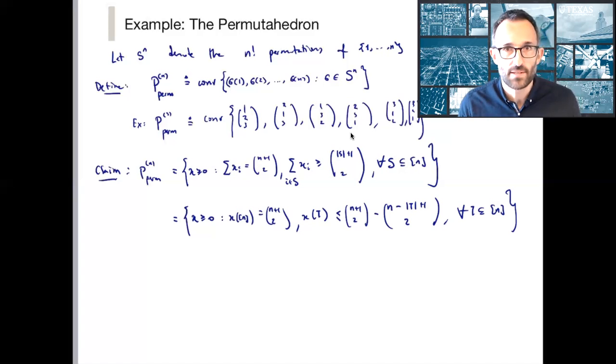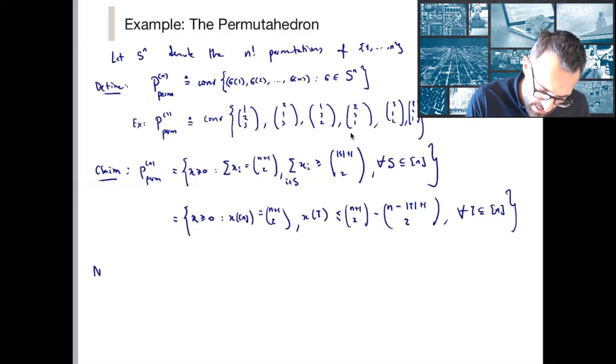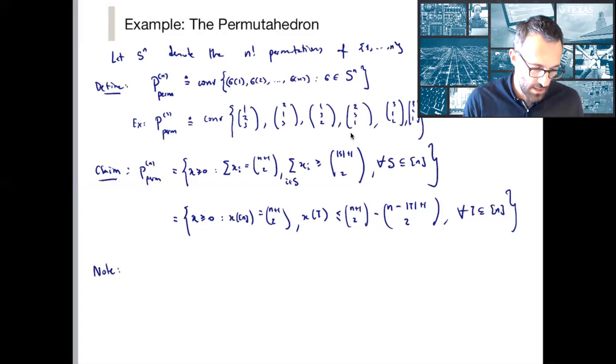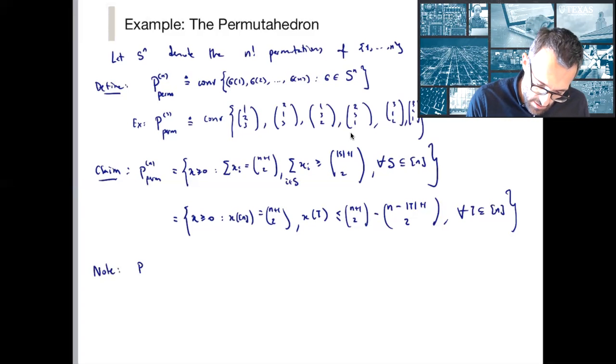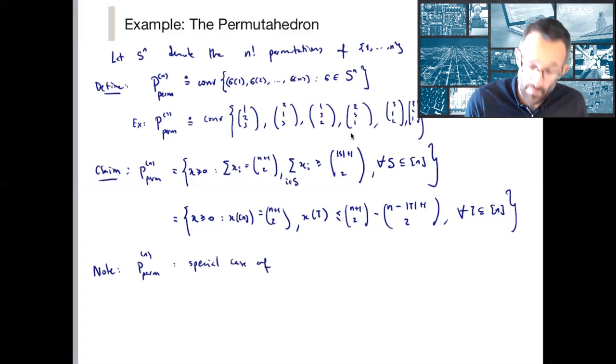Now let's see why this is the case. So I want to argue this claim. It's actually, again, by itself interesting. And one thing that I want to note is that this has a particular form. The Permutahedron is a special case of a polytope called a polymatroid.